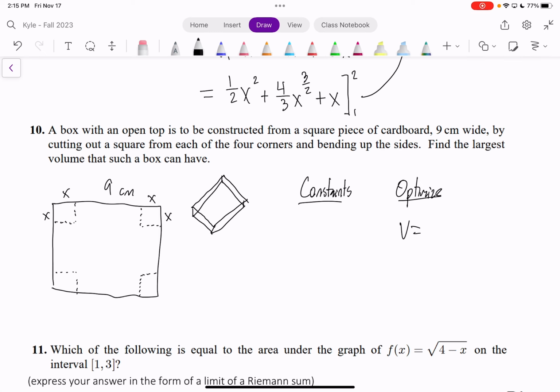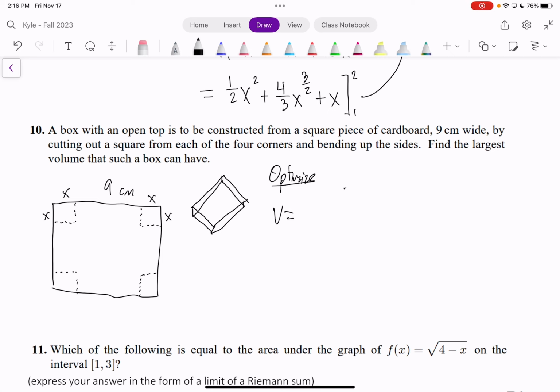So we have a square piece of cardboard, 9 centimeters wide. Actually, we might not even need to set up constraints here. In some questions you'll have multiple variables where you'll need to substitute and do other things with your constraints. Here we only have one variable, so we won't need to do any of that.